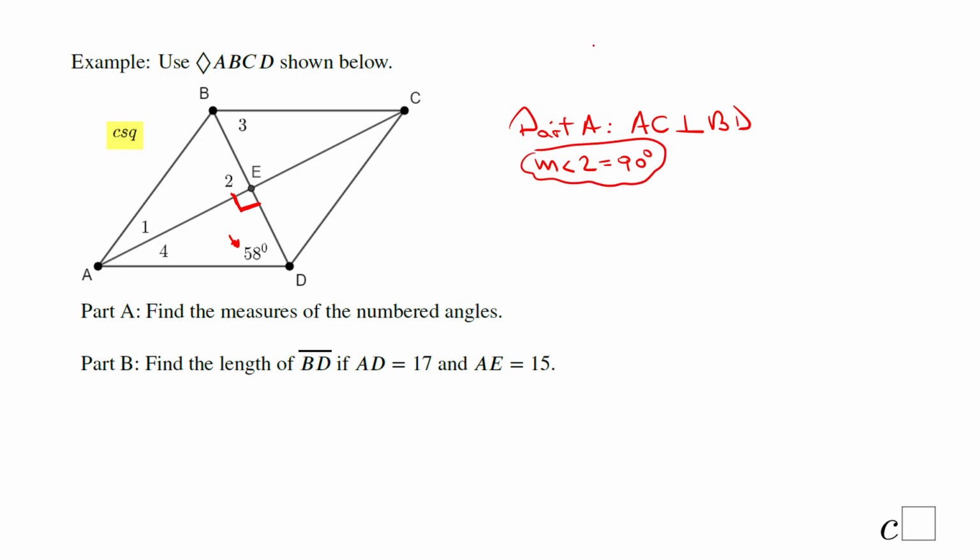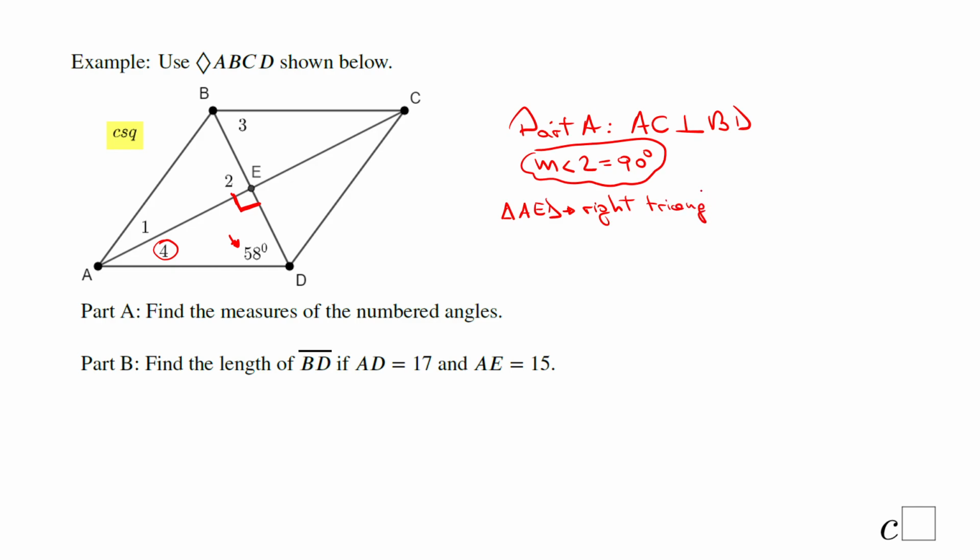Okay. What about angle 4? Angle 4 we can find easily. This is a right triangle, triangle AED. So very simple.